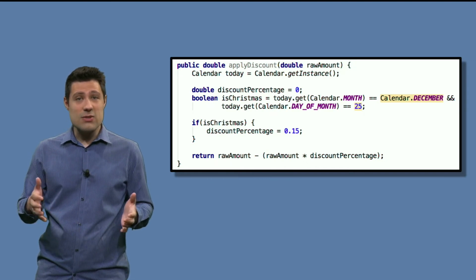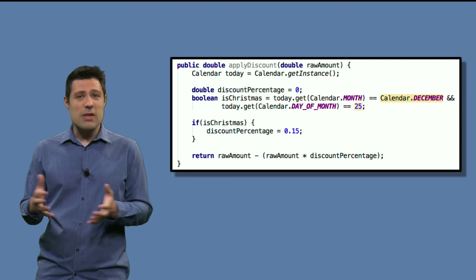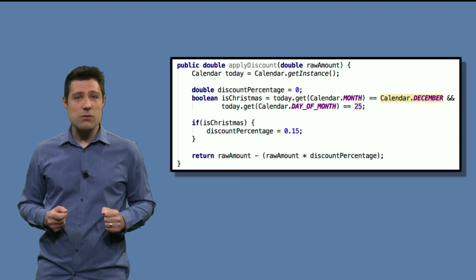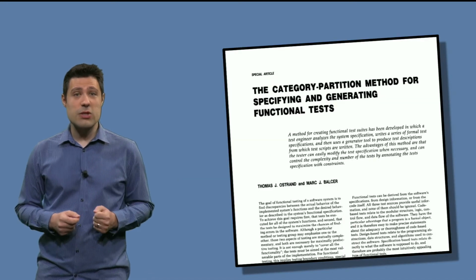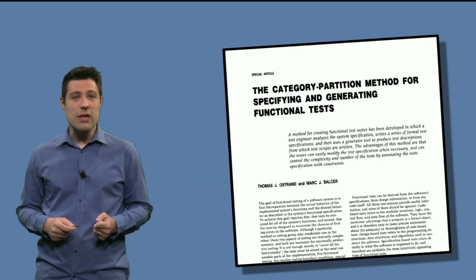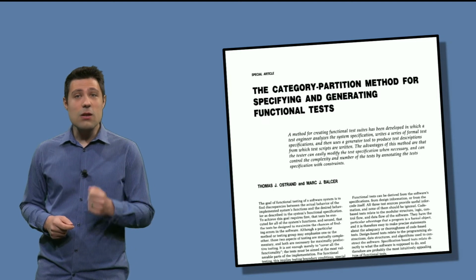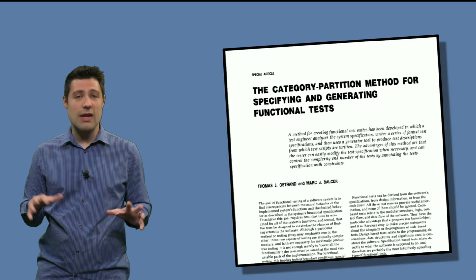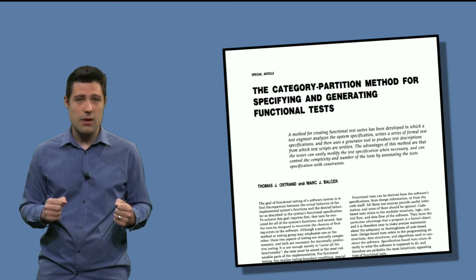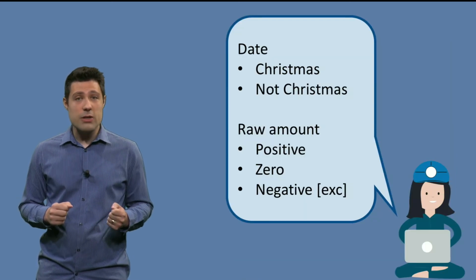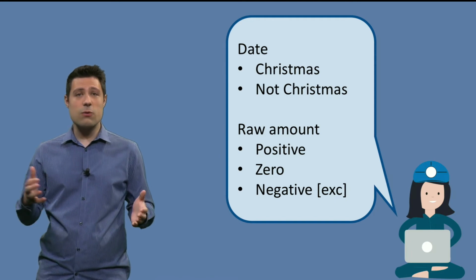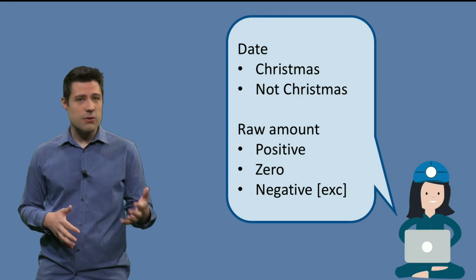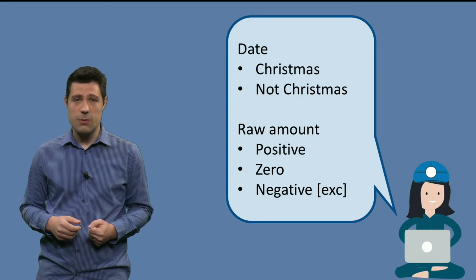And from the test design perspective, the way the implementation works doesn't affect this that much. So let's do functional testing again, using the category partition method that we saw in the functional testing week. The idea of this method was to think about all the parameters and the characteristics of these parameters and then do the combinations. For example, the two parameters we have for this problem are the date and the row amount. And the date can be Christmas and not Christmas, and the amount can be positive, can be 0, can be negative as an exceptional case.